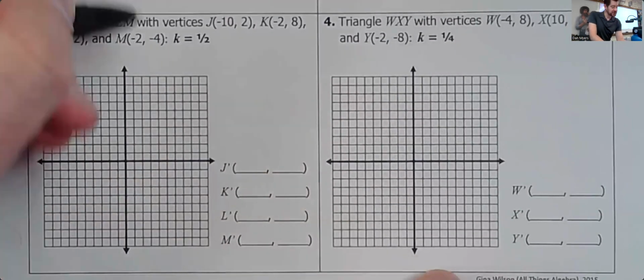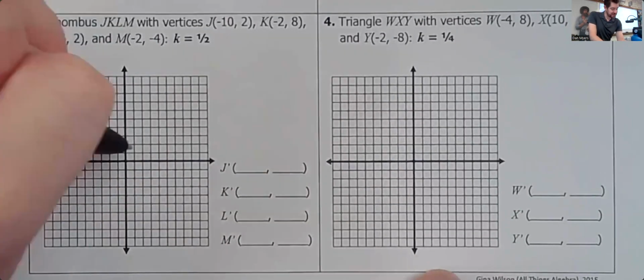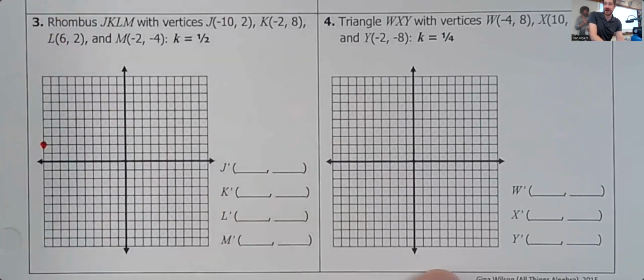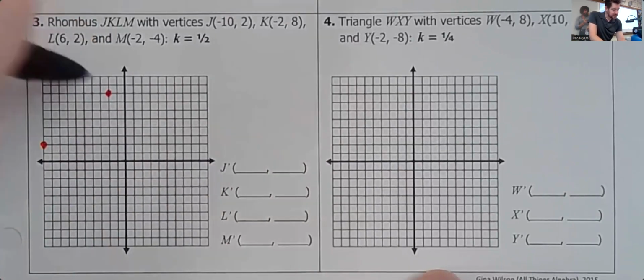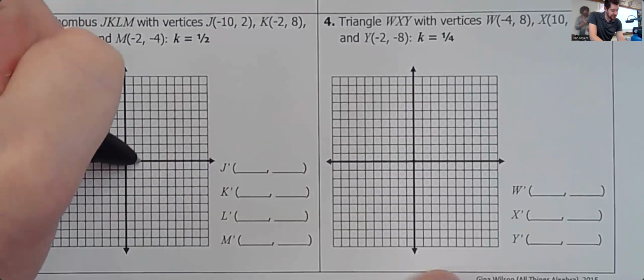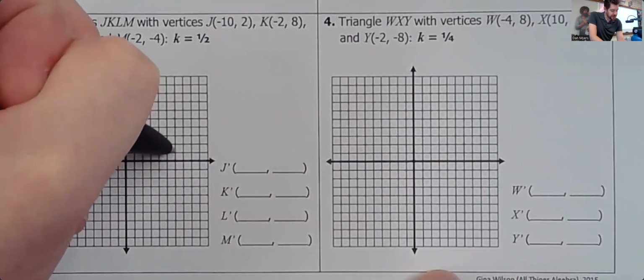So let's get our original rhombus on here first, though. So all the way to the left and then up to -10, 2, there's J. -2, 8 will be right here. There's K. 6, 2 is here.